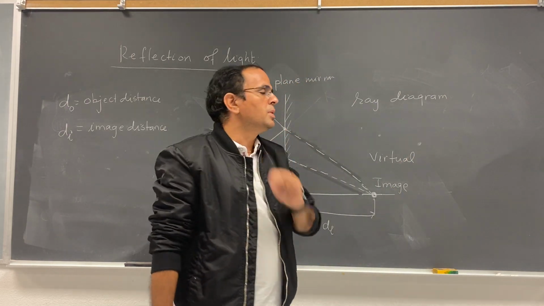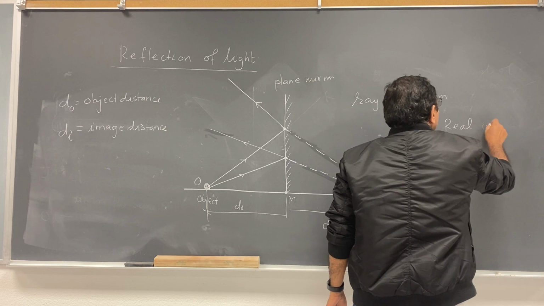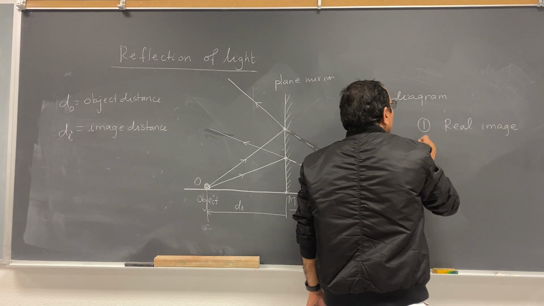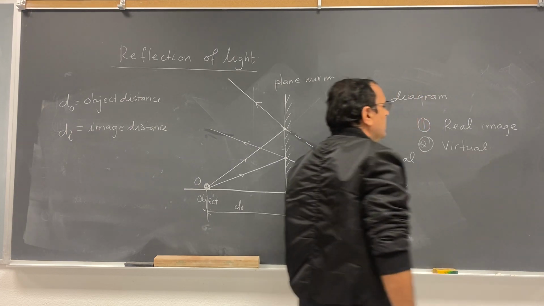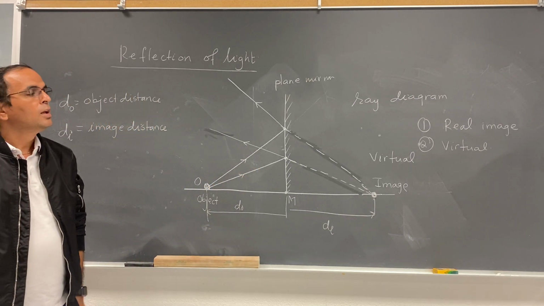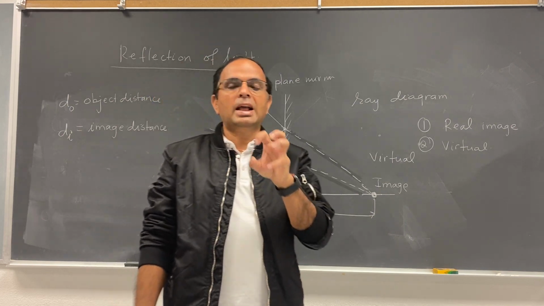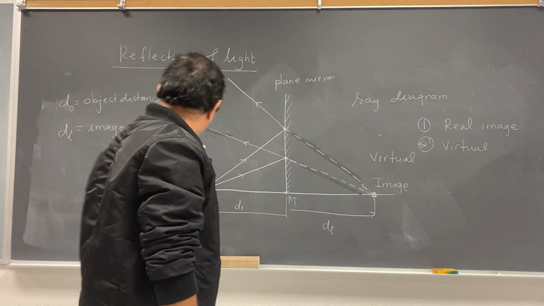There are two types of image: number one, real image, and number two, virtual image. So from this ray diagram, you can say that the image formed by a plane mirror is a virtual image. Okay, you can write down.